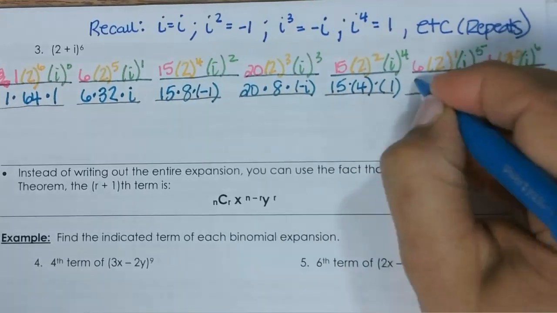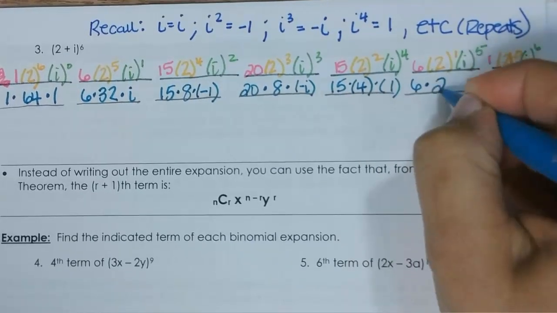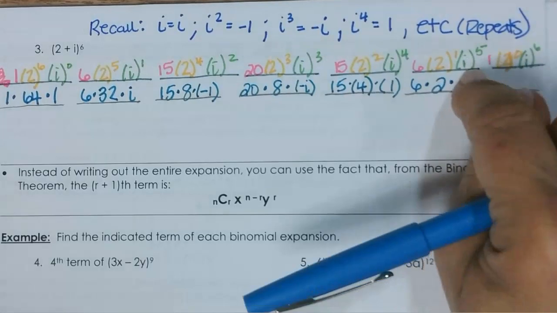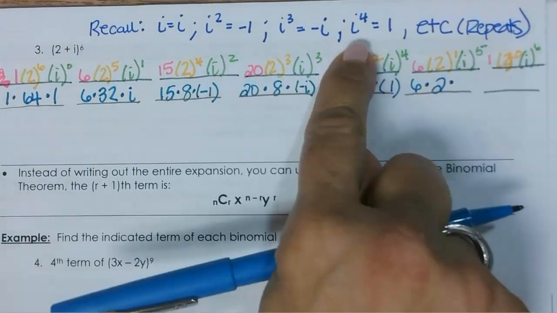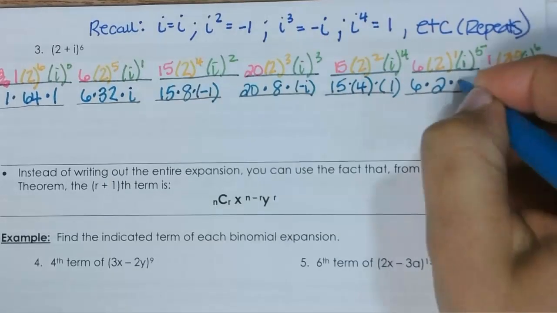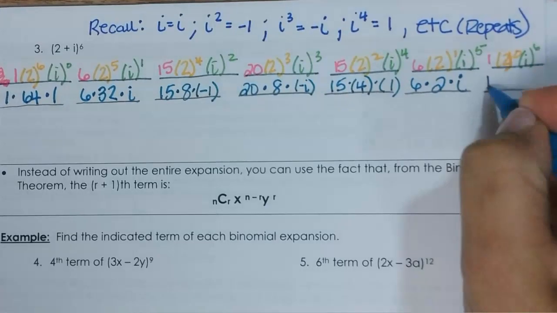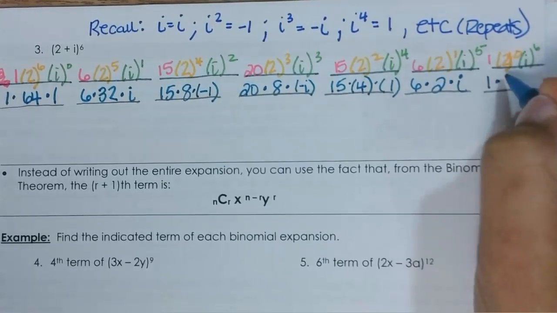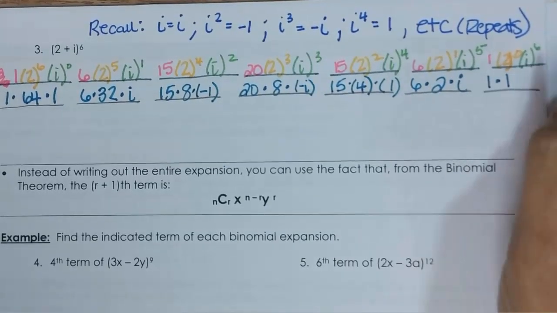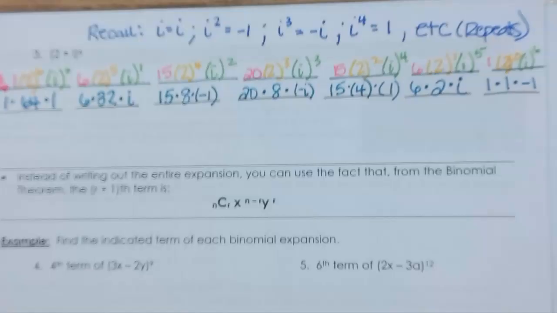Now I have 6 times 2 to the 1st, which is 2, times i to the 5th. Since we're out here, that means that i to the 5th is the same as i. And here I have 1. 2 to the 0 is 1. And i to the 6th would be -1.